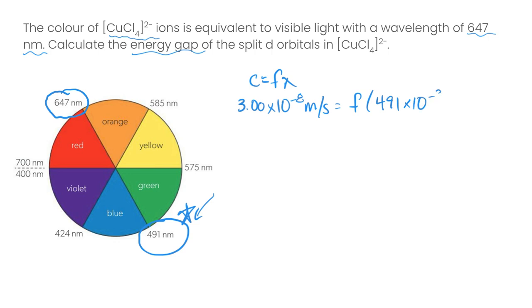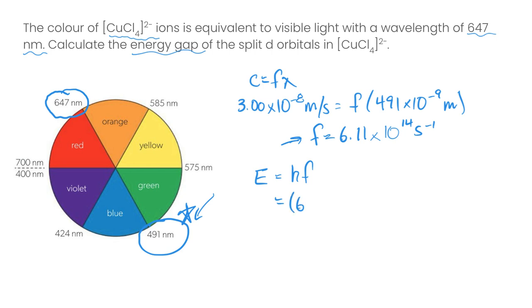And we need to put this in meters, so times 10 to the negative 9 meters. So if we rearrange and solve for frequency, we should get 6.11 times 10 to the 14 seconds to the negative 1.